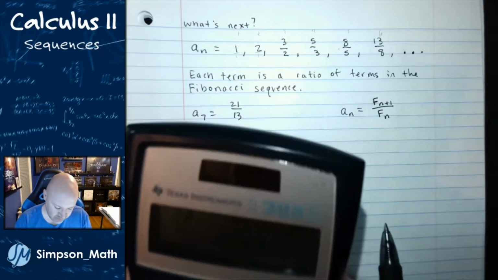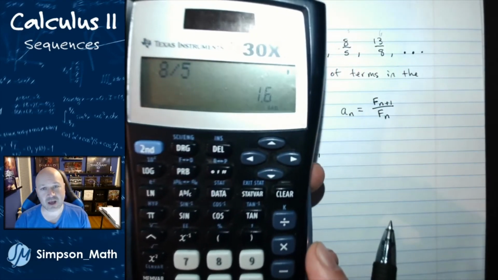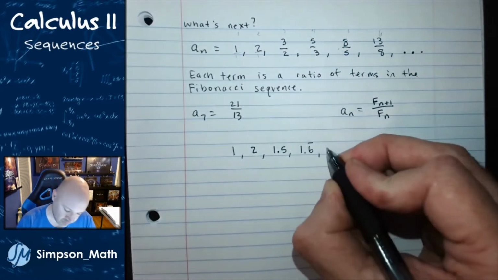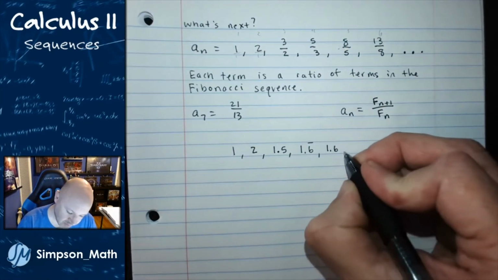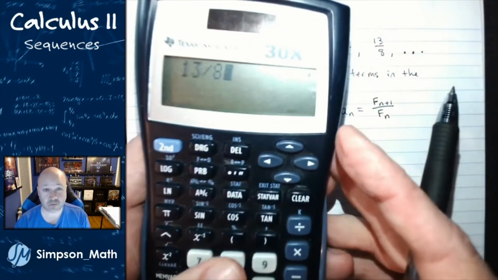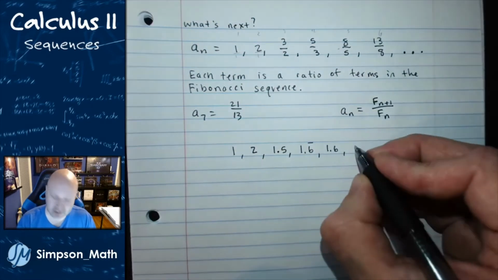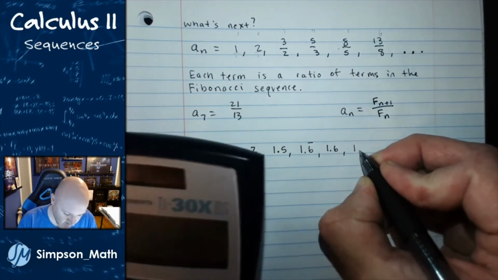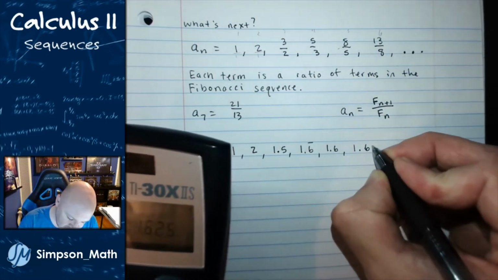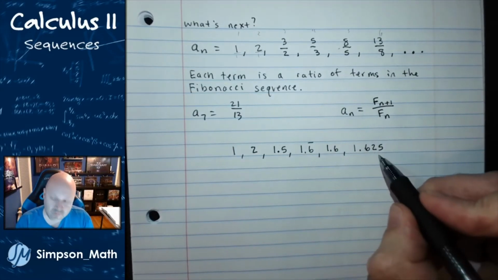8 divided by 5. Sorry. I get 1.6. That's a nice number. 13 divided by 8: 1.625. Look, this is an interesting thing. We're kind of hugging 1.6. Let's continue.